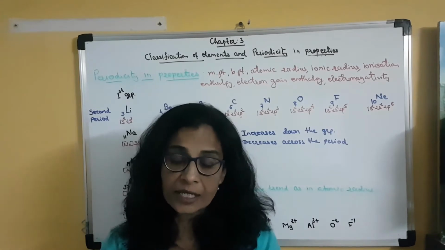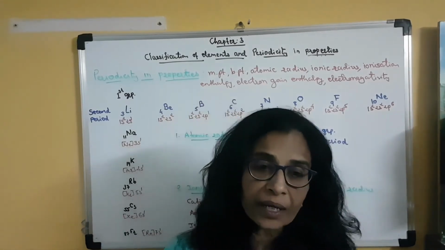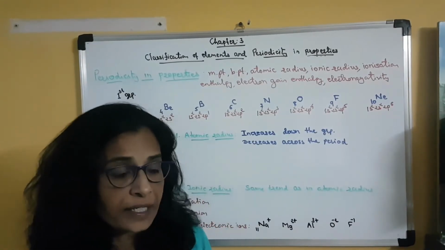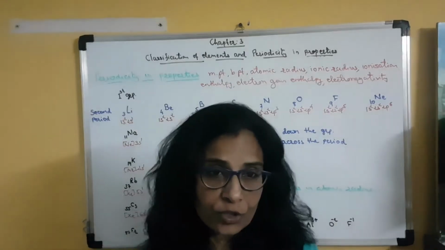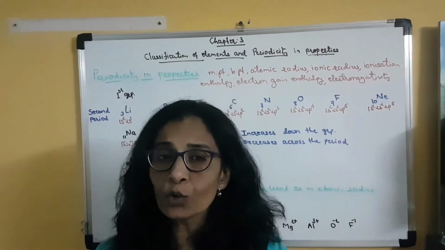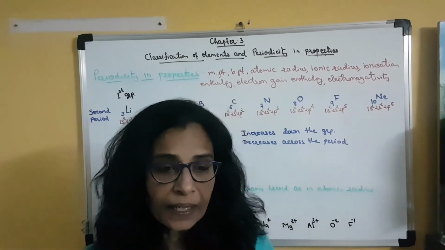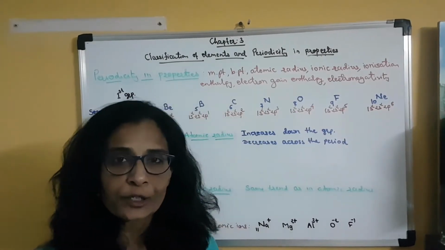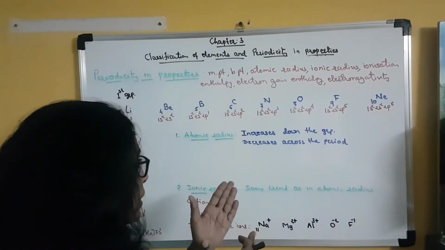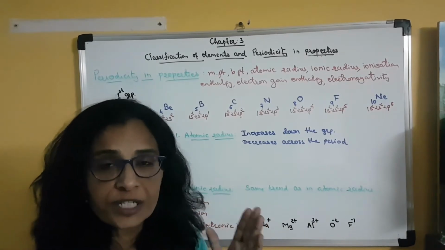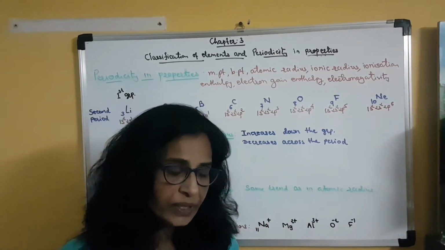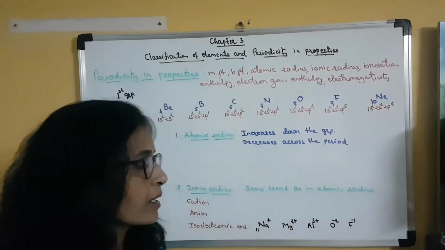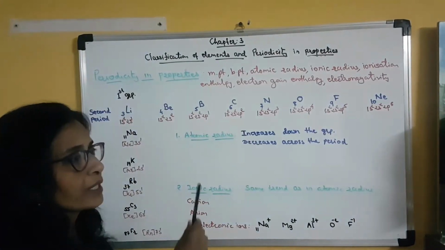Moreover, there are many electron clouds, or orbitals, present around the atom, and they don't have a definite boundary, so it is not possible to determine the atomic radius precisely. But even then, with the help of X-rays and some spectroscopic methods, we can find out the atomic radius.